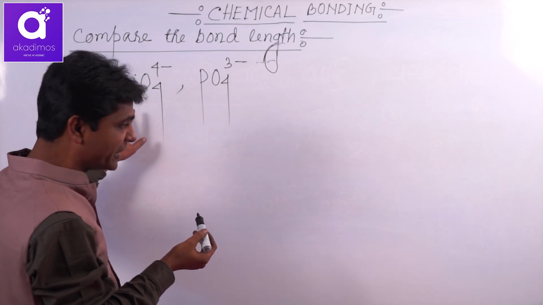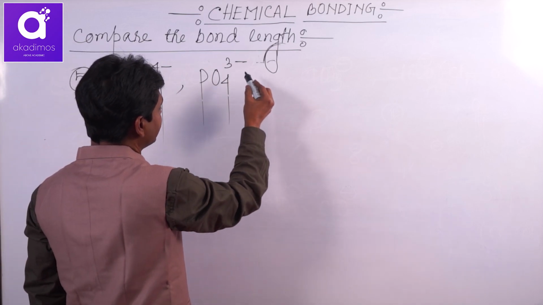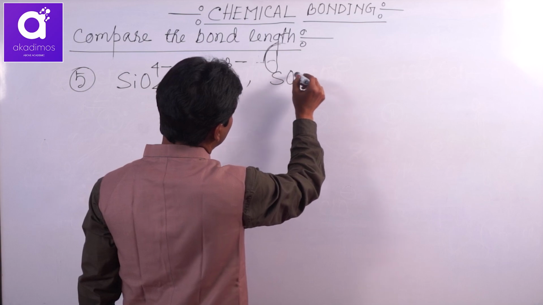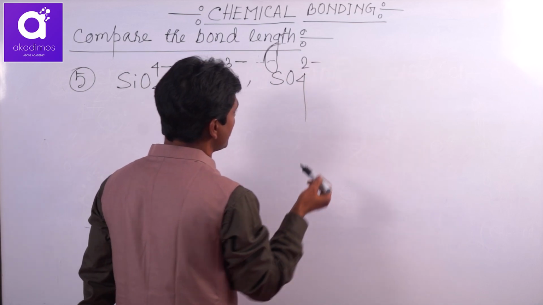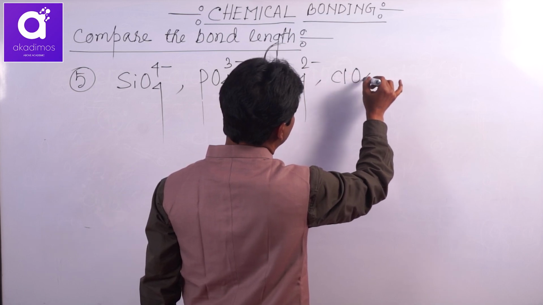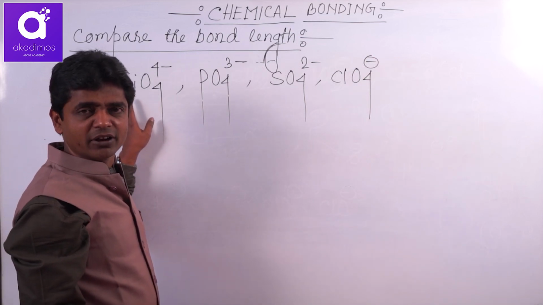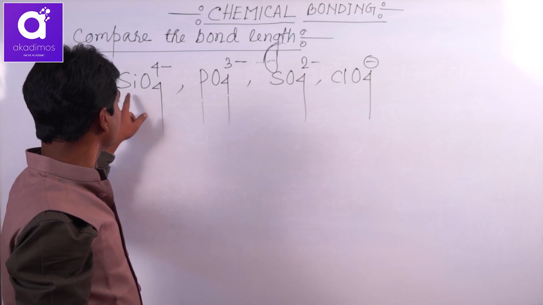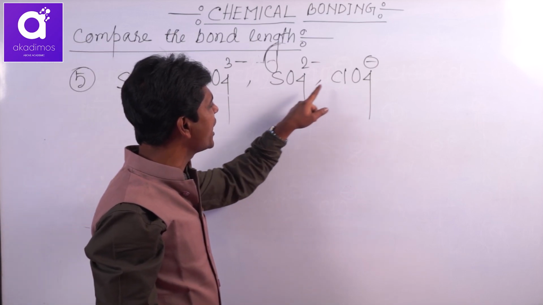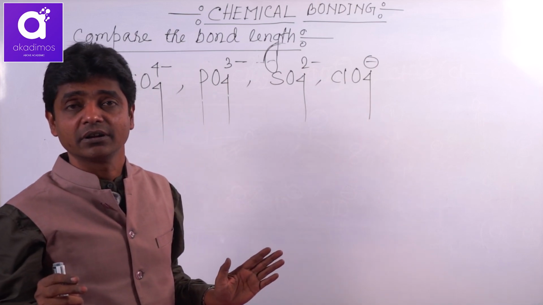That means I will compare the bond length between SiO and PO. Then I will take SO4 2 minus sulfate, that structure I have already discussed. And the last one I will take is ClO4 minus. That means here I will compare the bond length between SiO, PO, SO and ClO. How do you compare?